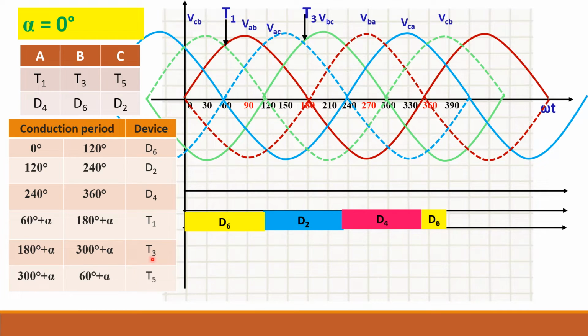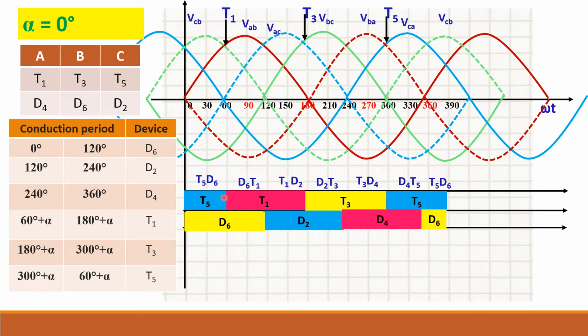Then T3, add 120 degrees to it, so it will be 180 degrees. Then T5, add 120 to this, and you will get the T5 time period. If you know how to plot this, you can make this table and you will get the conduction table like this. If you are clear on this, it is easy to draw the waveform.